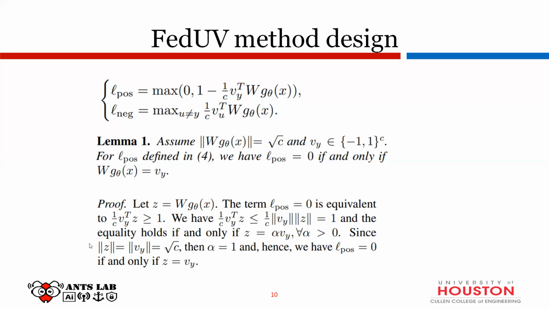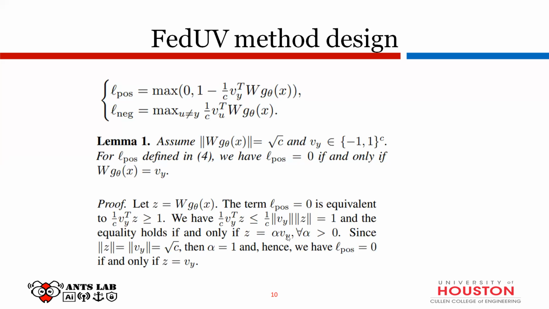Since the norms of Z and Vy are root C, why can we tell this? Because it is our assumption right here: we assume that this secret embedding has norm root C. And Vy, based on our assumption, also has size root C. So alpha equals 1.